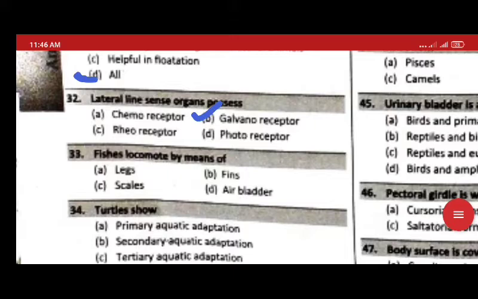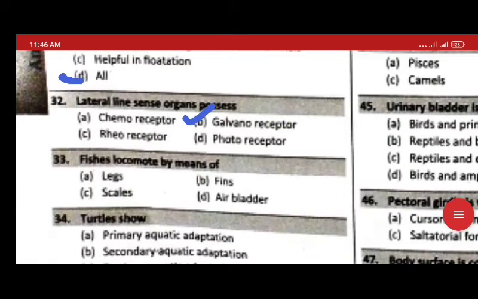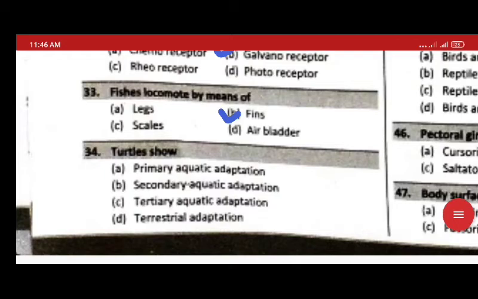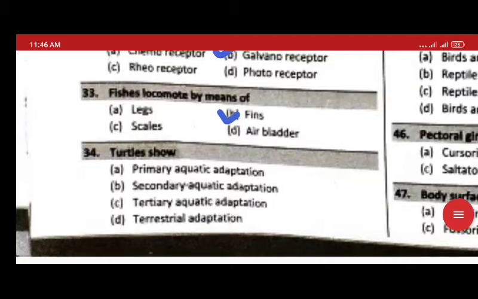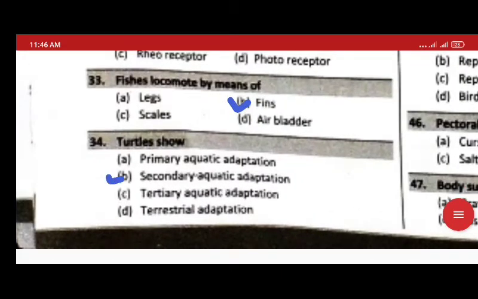And now 33, fishes locomote by means of... So fishes locomote by means of what? Fins. Now 34. Turtle shows... So turtle shows which type of adaptation? So turtle is from mammal, so belongs to secondary aquatic adaptation.